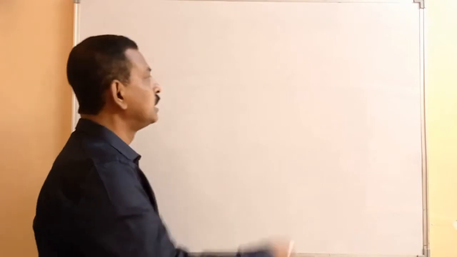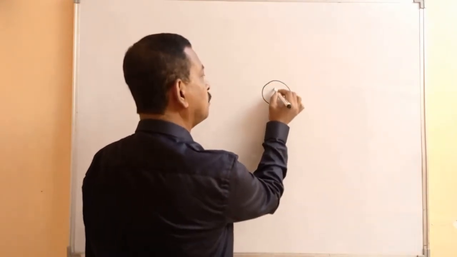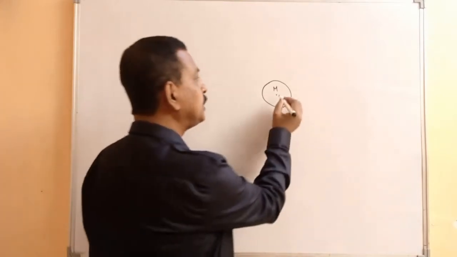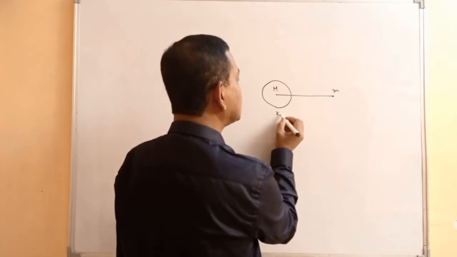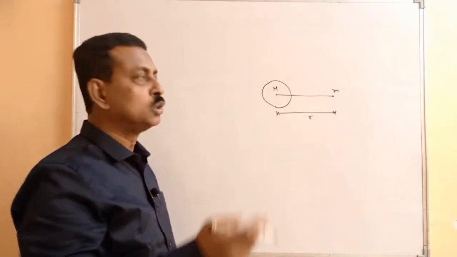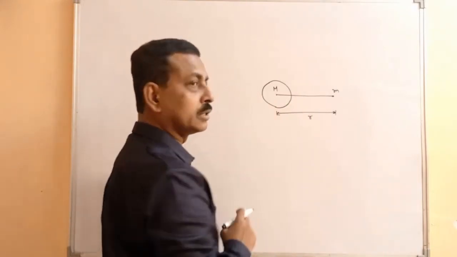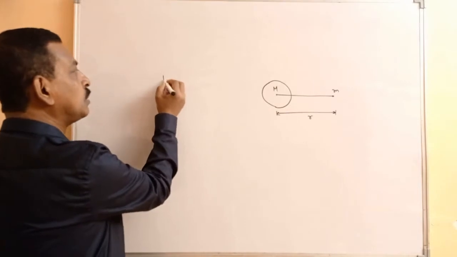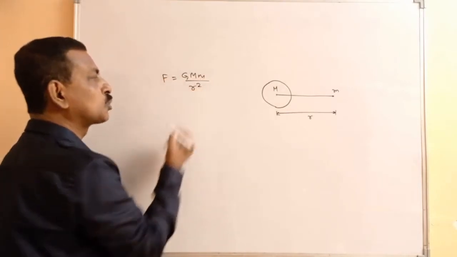So suppose we have Earth of mass M and we have a body of mass small m at a distance r from it. So the force experienced by this mass m due to Earth will be given as GMm by r square.